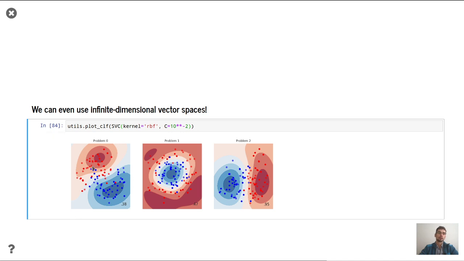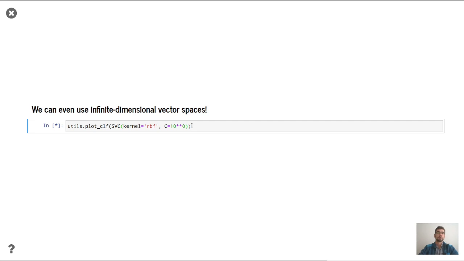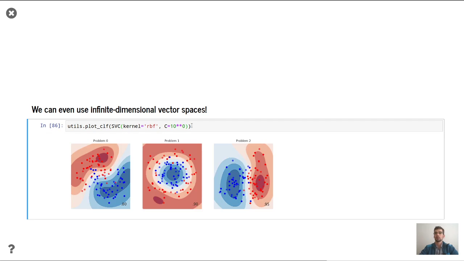But now we have some misclassification right here, mainly here. So this is again the way to control the complexity of your model, and you can play with this parameter and you can try to find the most appropriate complexity.